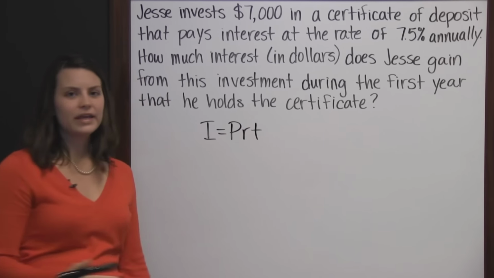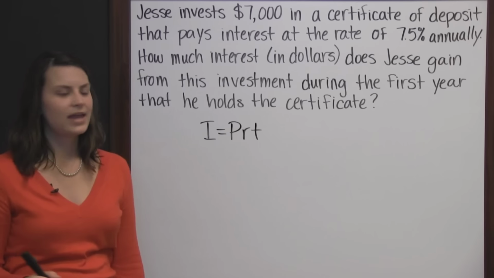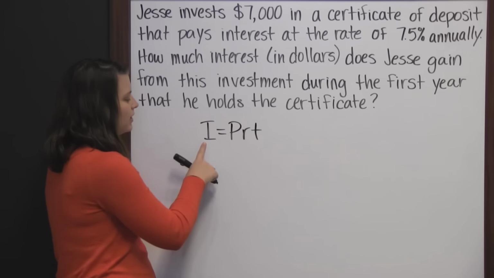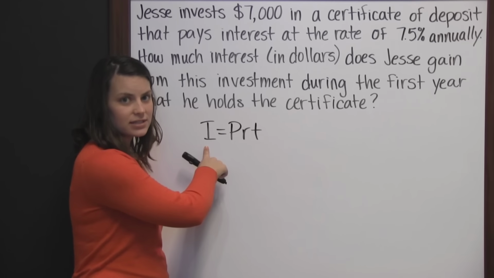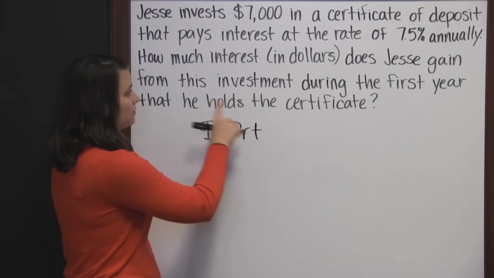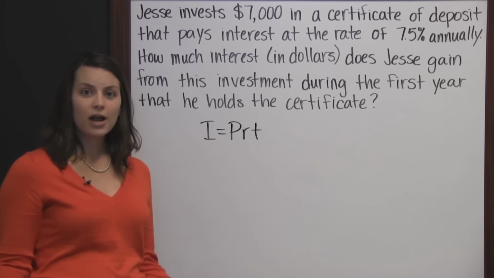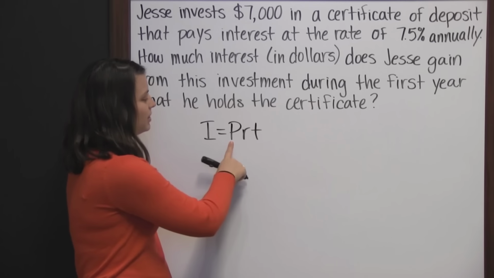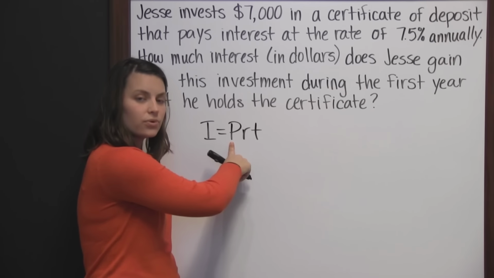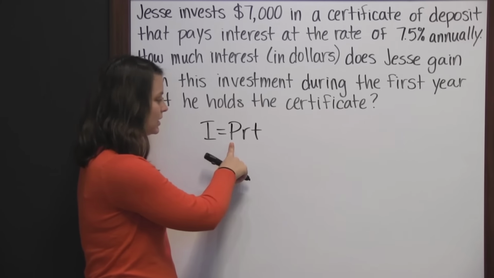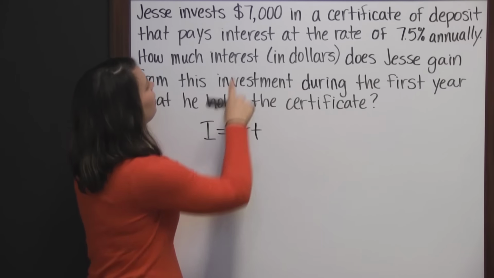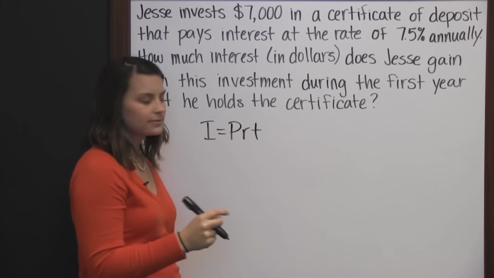And some people call it IPERT, just as a way to remember it. The I stands for the interest, the amount of interest in dollars, like what we're trying to find. P stands for principal, or the amount that's being invested initially. That would be our $7,000.